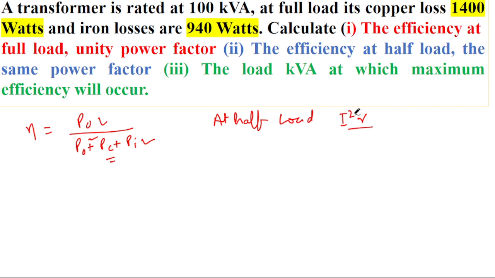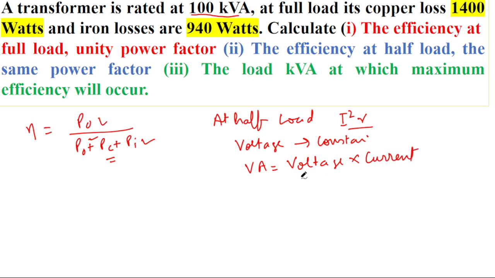And second, this transformer is rated as 100 kVA. So the transformer rating is given in kVA, and its voltage always remains constant. So VA is equal to voltage multiplied by current.